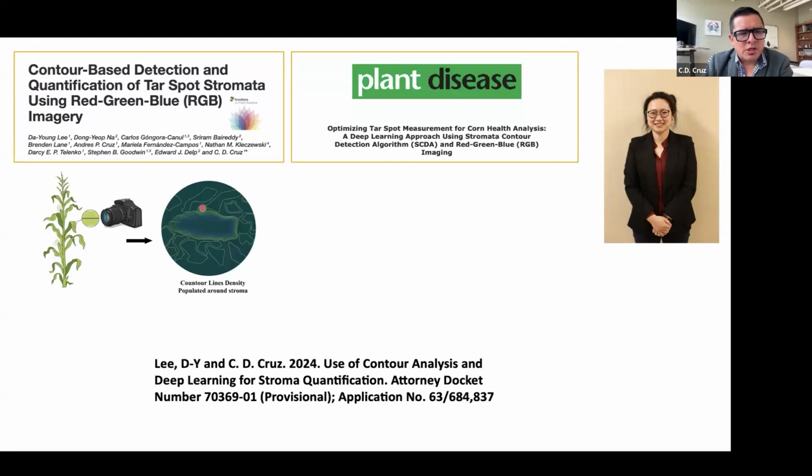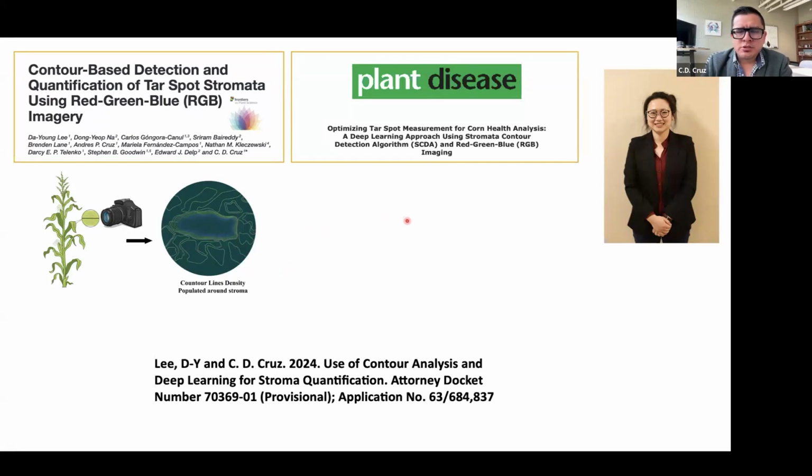The objective here was to detect and quantify tar spot stroma. The idea behind this works in two layers. The first layer would be thresholding by using contour analysis of those stroma.